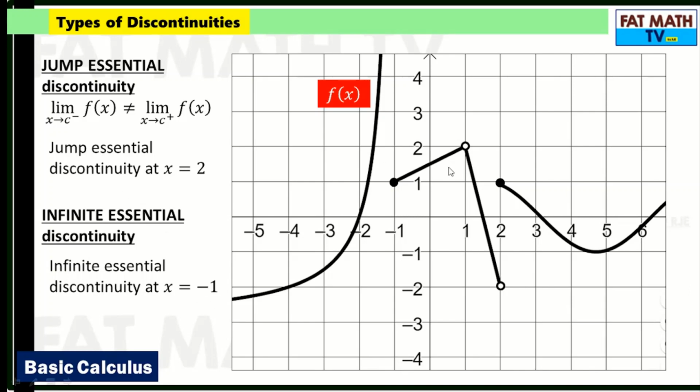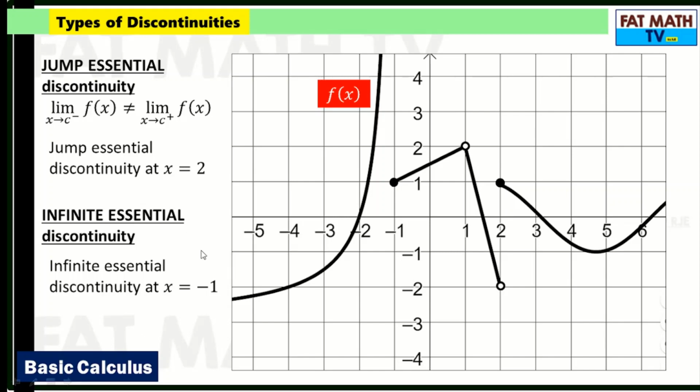So the jump essential is what you can see here. There's like a jump from this point to another. And then for the infinite essential, there has to be a positive or negative infinity as you move to the value of c from the left or from the right.